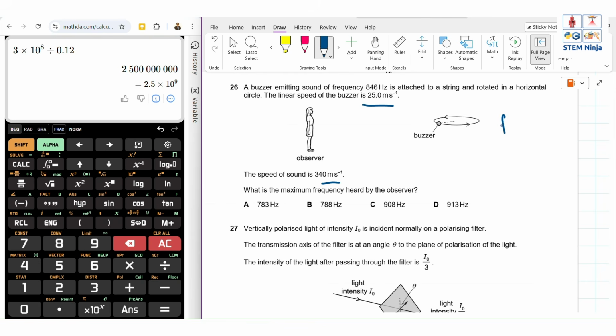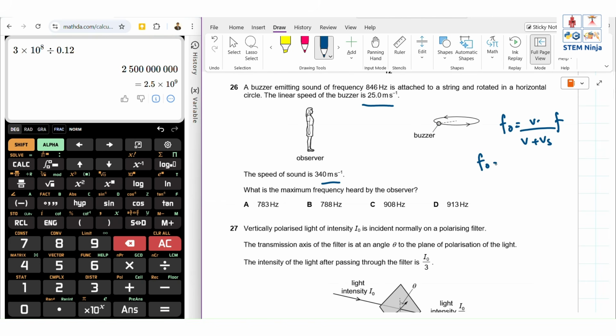So observed frequency is V over V plus Vs times F. V is the speed of the wave, Vs is the object's speed, that means speed of the object relative to the observer.